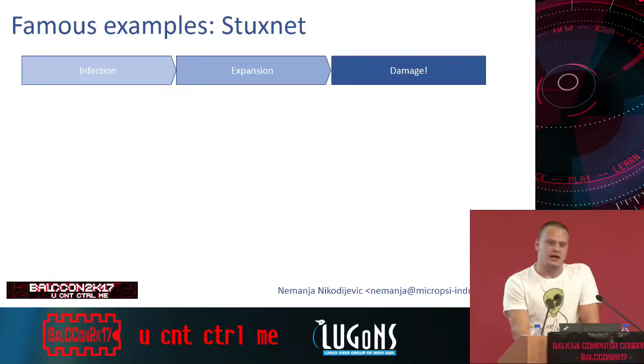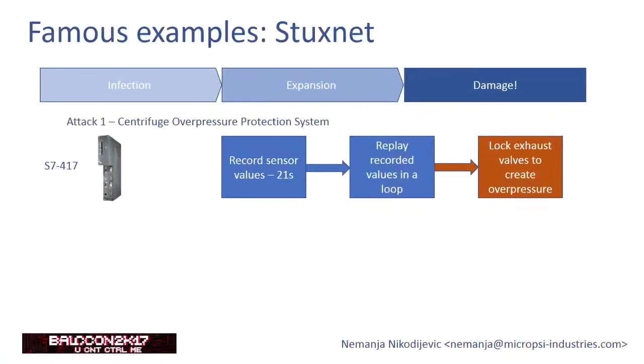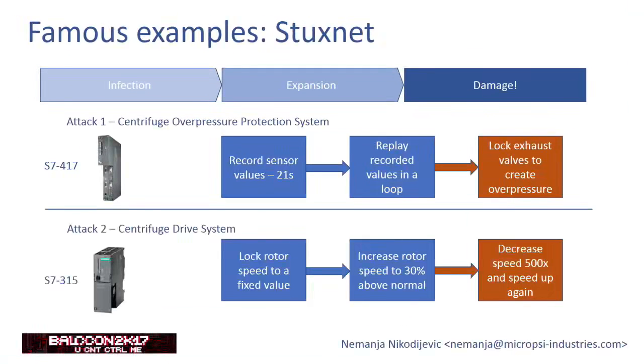So basically, the goal of the attack was to slow down the nuclear program. There were two waves of attack: one on the overpressure system and one on the centrifuge drive system. What is also really interesting in this malware is that there was no kill switch.